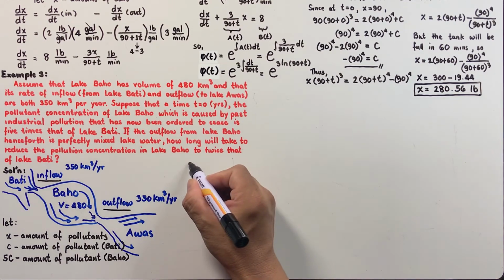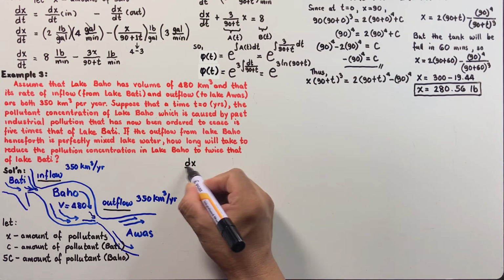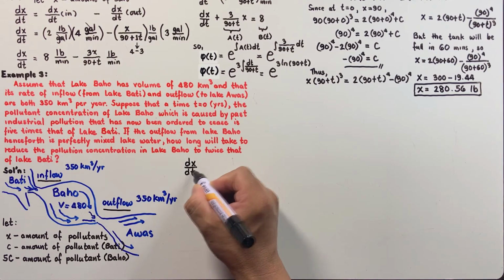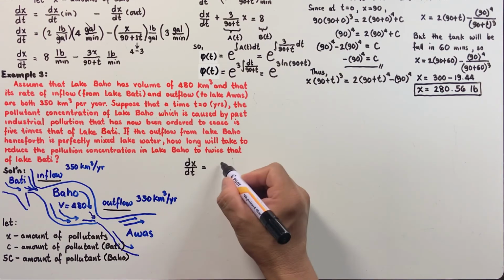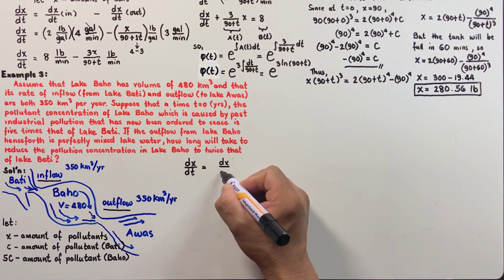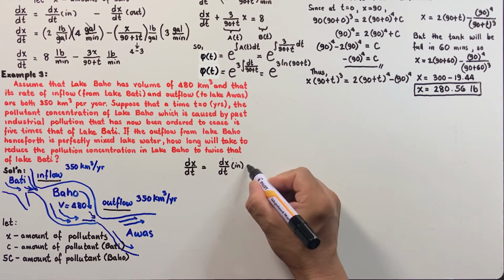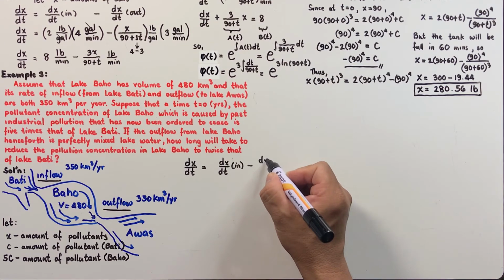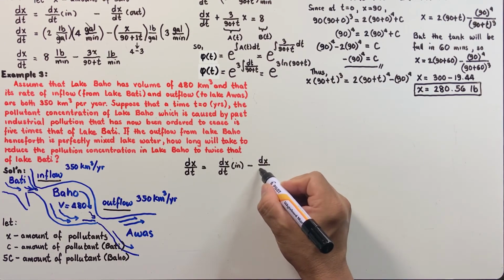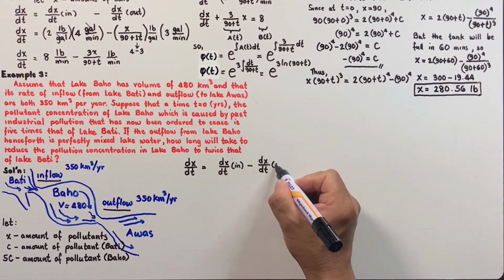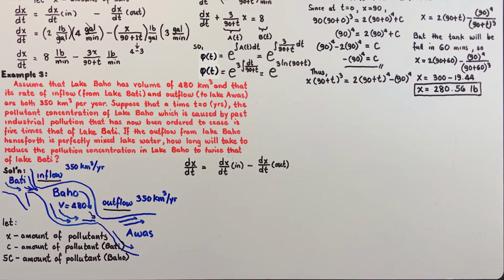So here, let us represent the change in the amount of pollutants in Lake Baho as the rate of pollutants coming in from Lake Bati minus the amount of pollutants moving outside Lake Baho towards Lake Awas.